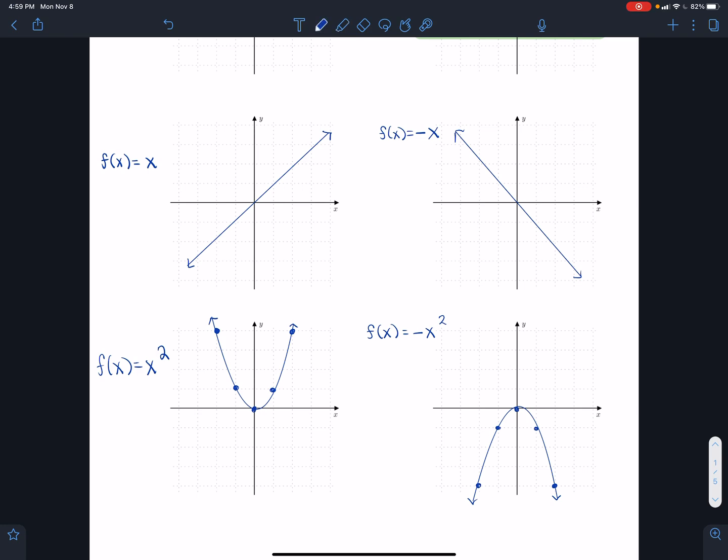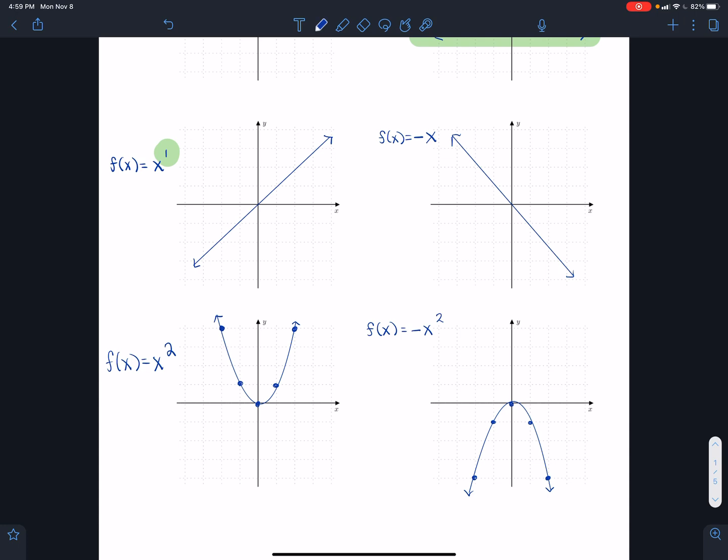So for this one, f of x equals x. And remember, our degree is an understood 1. So when we have a degree of 1, that is going to be something that is linear. So like x, if we have y equals mx plus b, that is linear. And the highest degree on that one, let me go ahead and write that down here.